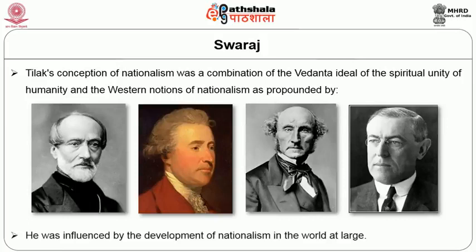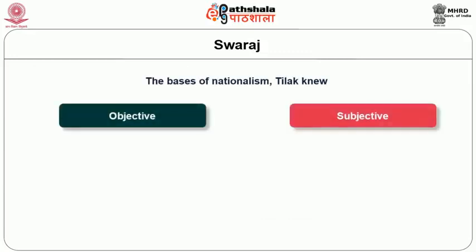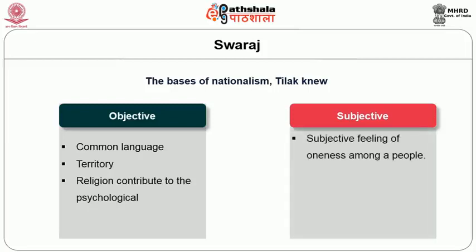He was influenced by the development of nationalism in the world at large. Mill understood the basis of nationalism as being both objective and subjective. Such objective factors as common language, territory, religion contribute to the psychological or subjective feeling of oneness amongst people.